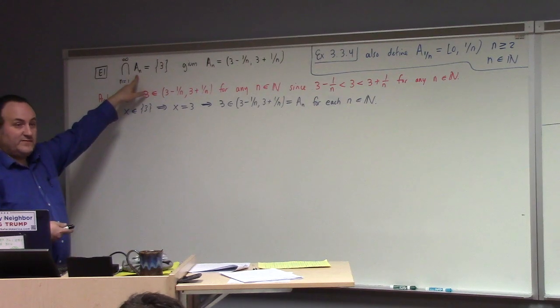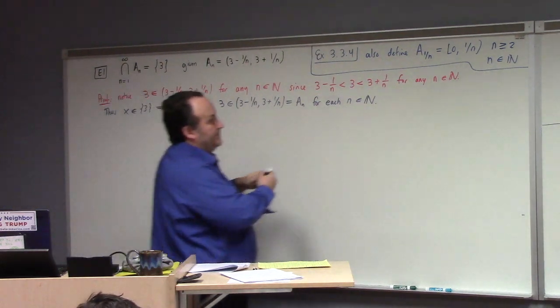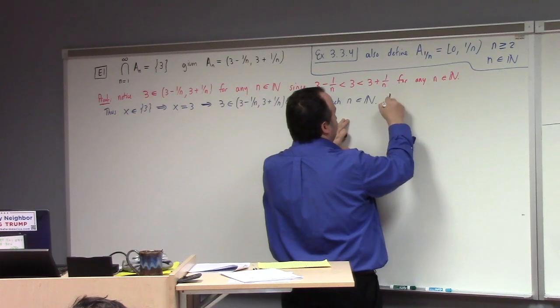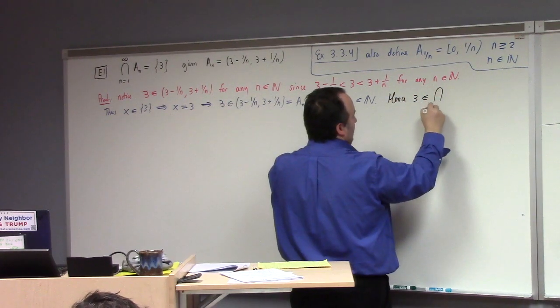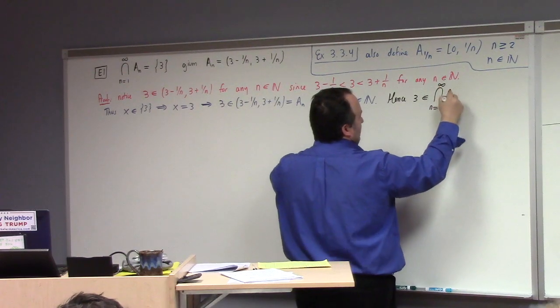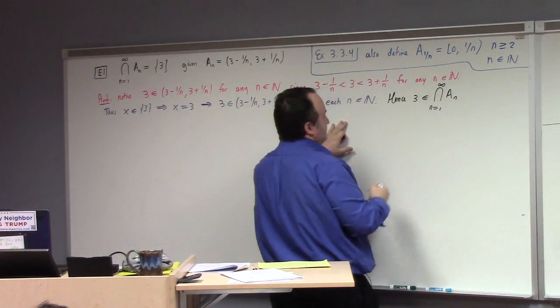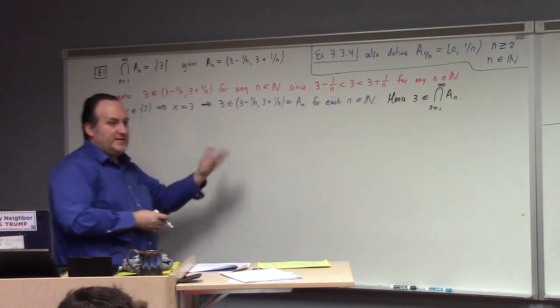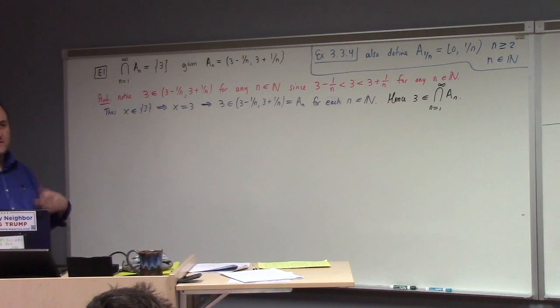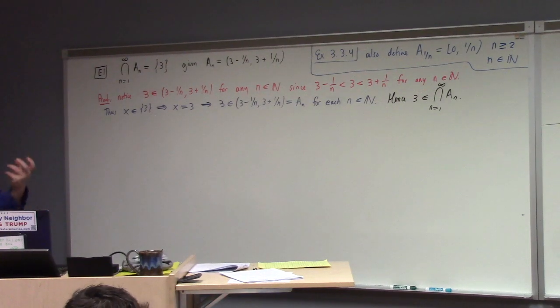So by definition of the infinite intersection, what do we have? 3 is an element of the intersection n equals 1 to infinity of a sub n, right? That's what it takes to prove something's in the infinite intersection. You have to establish that that element is in every set that's forming the intersection.